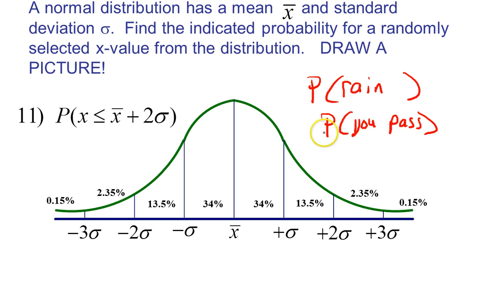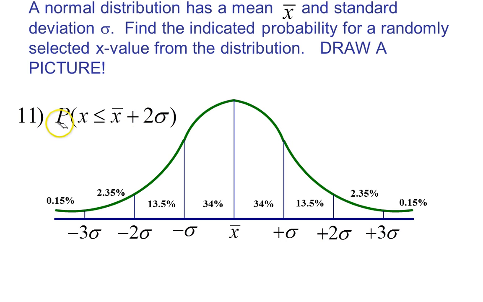And that would mean the probability of you passing. So let's just get that under our belts. When you see this P and whatever this is, it's saying what is the probability of whatever this is.